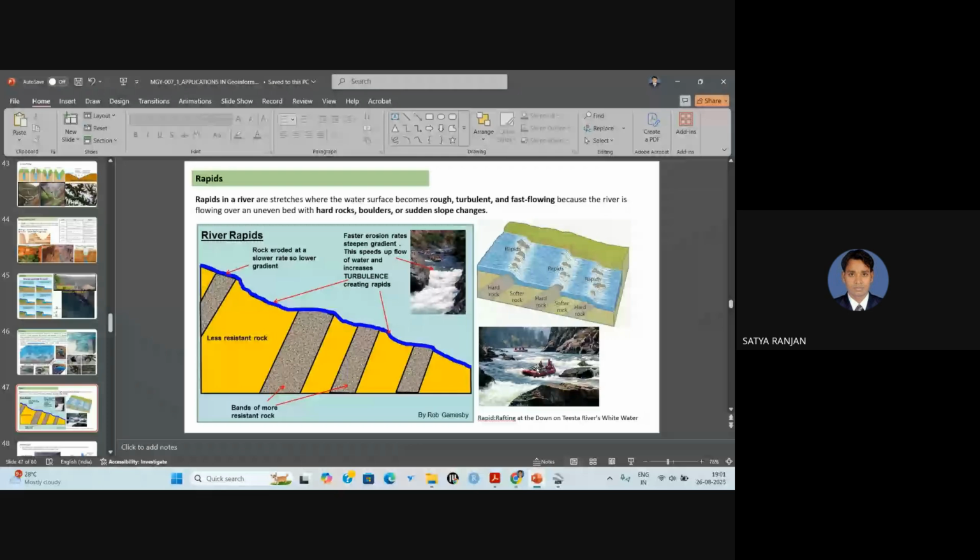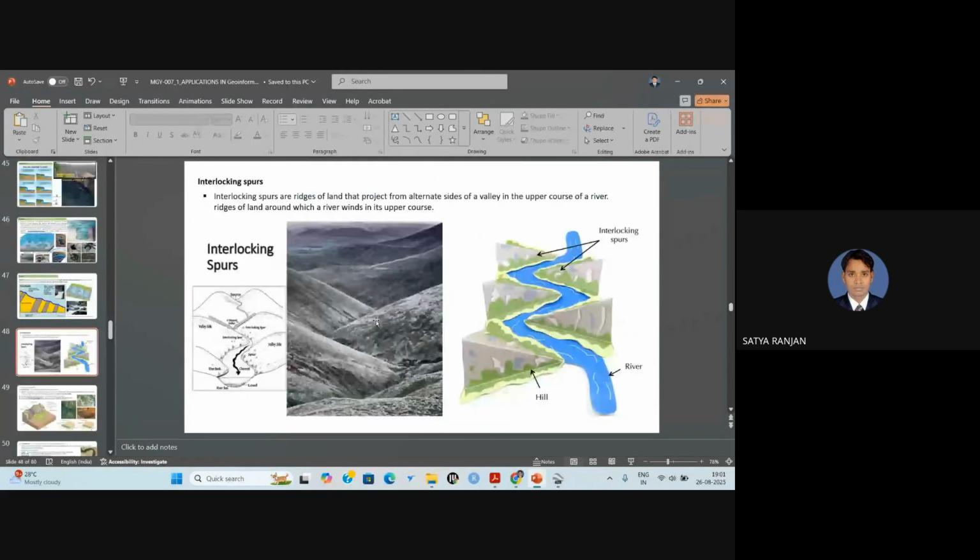That's why the movement of the water is different and the current is very high. This is a photograph of the rapids found in the upper Ganga river and also in the Tista river. A lot of turbulence is also found in those rapids.